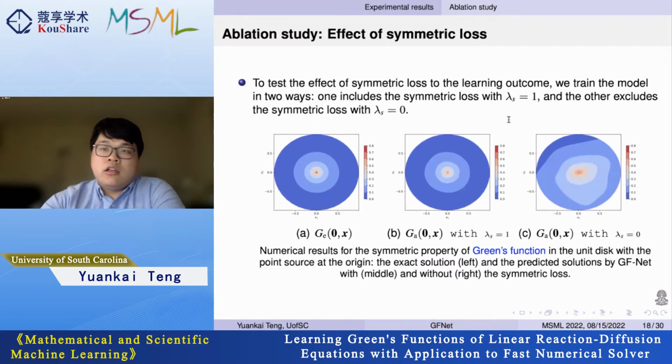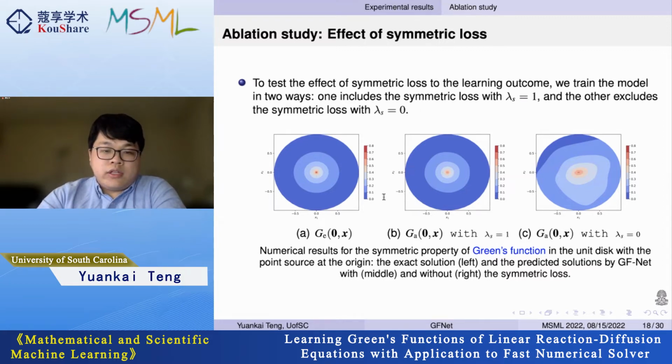Next, we want to test the effect of the symmetric loss on the learning outcome. So we train the model in 2 ways. The first one includes the symmetric loss, and the second one excludes the symmetric loss.